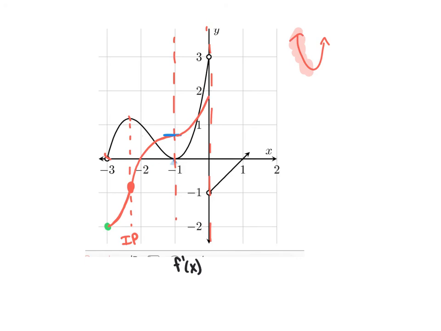So I kind of want to paste the left-hand half of a parabola. So this is a sharp corner here. So we've got a sharp corner, and we're going to draw a line right there, and we go decreasing concave up, and then we're still concave up, but now we are increasing.